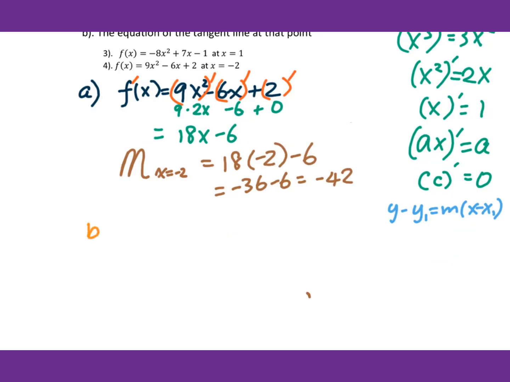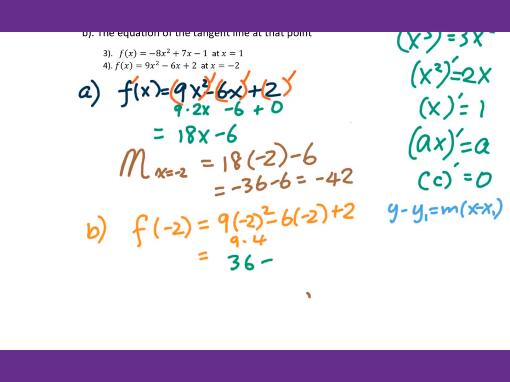Then we go to B. First of all, you need to figure out the x1, y1. So we plug negative 2 into original function. We got 9 times negative 2 squared minus 6 times negative 2 plus 2. That's 9 times 4. So we got 36 plus 12 plus 2. That equals 50.